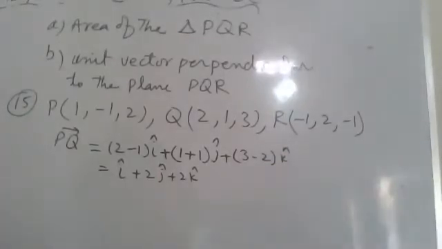First of all, these 3 points PQR are the vertices of a triangle. We have to find the area of the triangle.